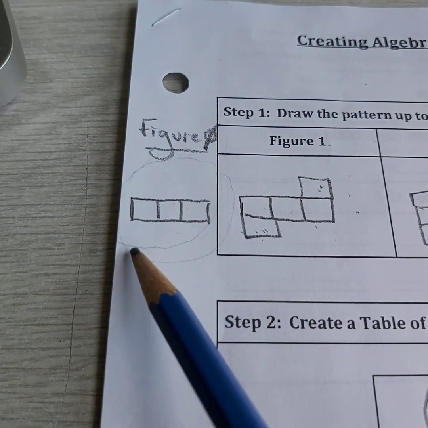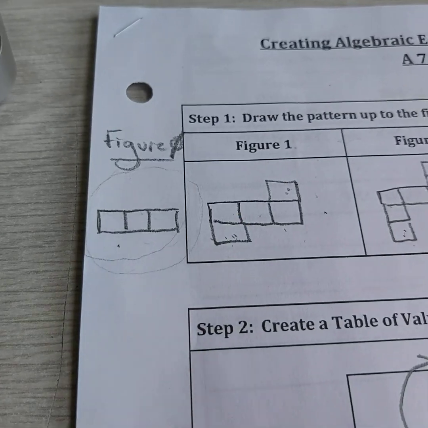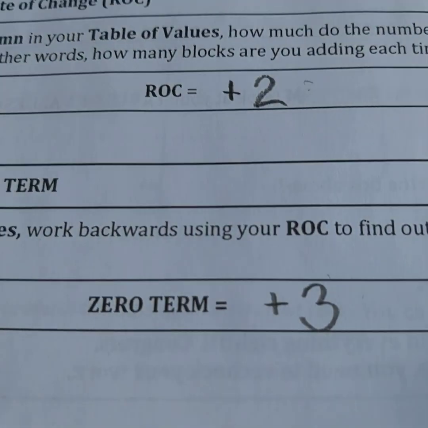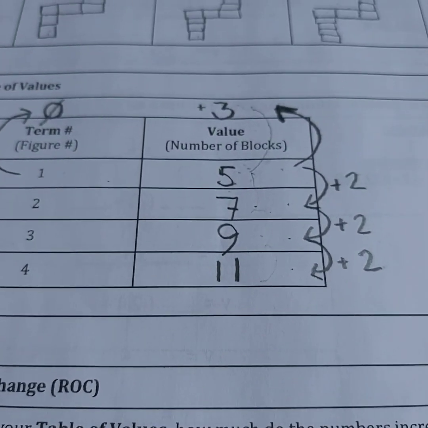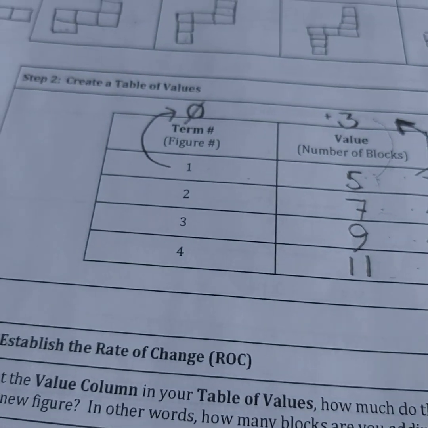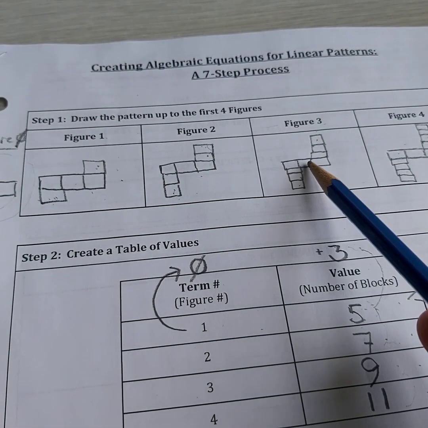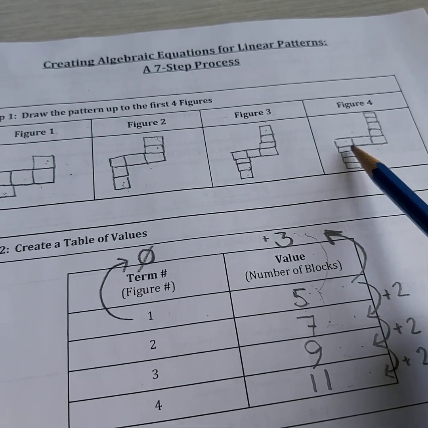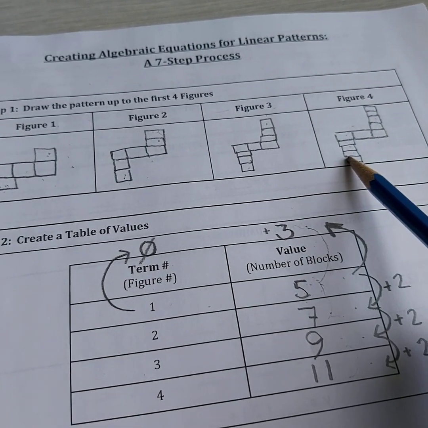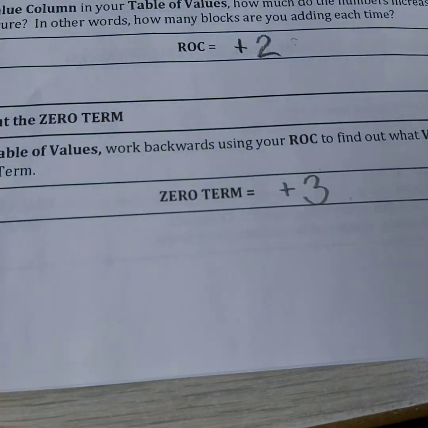How many blocks are in that zero figure? 3. What is our zero term? 3. So we can see that those 3 blocks are consistent in every single diagram. You're just adding more to the top and the bottom. All right, there's our zero term.